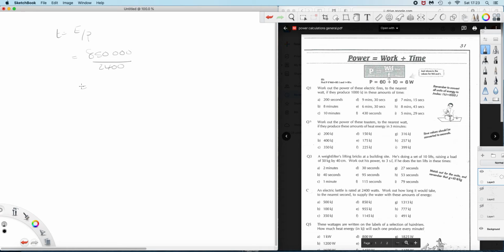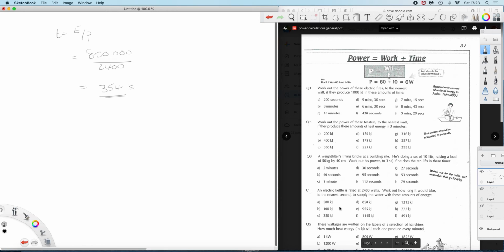So 850,000 divided by 2,400 gives us 354.16, but to the nearest second, the question tells us, so 354 seconds.